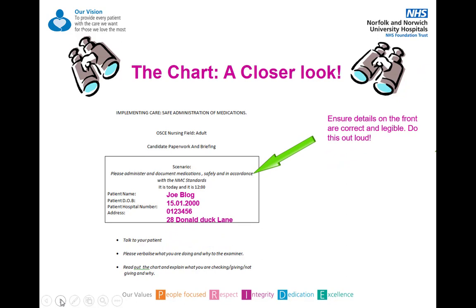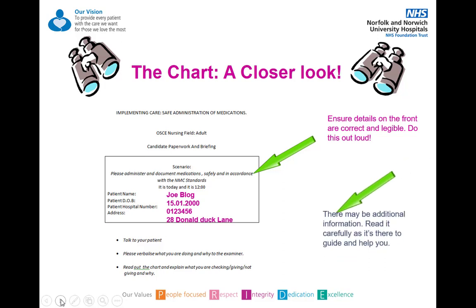So in this case, when you pick up the chart and once you've confirmed your ID and explained the purpose of your visit to your patient, you would then proceed to read through the drug chart. So to start off, patient's name, Joe Blogg, patient's date of birth is the 15th of the 1st, 2000, hospital number 0123456, address 28 Donald Duck Lane.